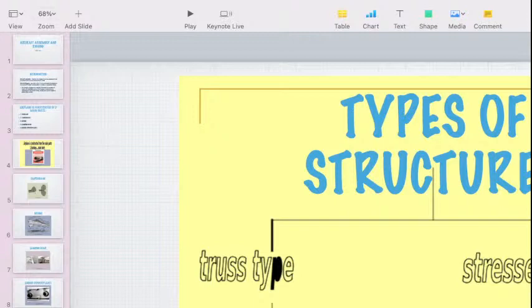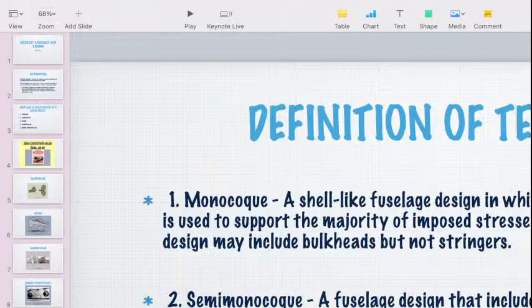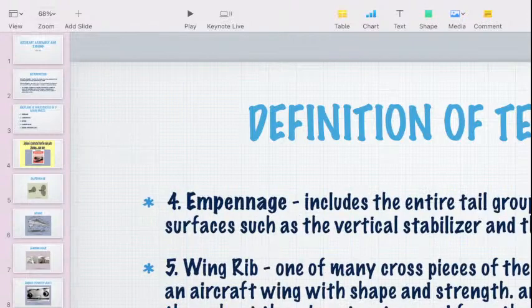Different types of structures. We have a truss type and stress skin type. Our truss type, we can have a Pratt type or Warren type. And stress skin type, we have a monocoque type and a semi-monocoque. Definition of terms, so this is just a definition of those 3 types of structures of aircraft.